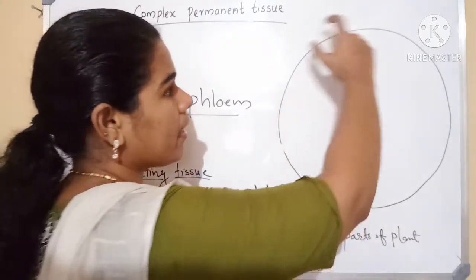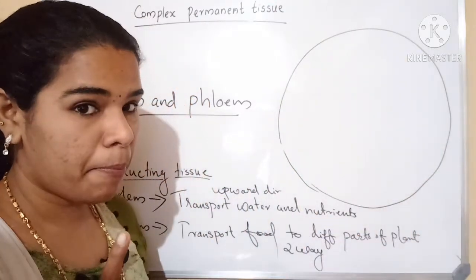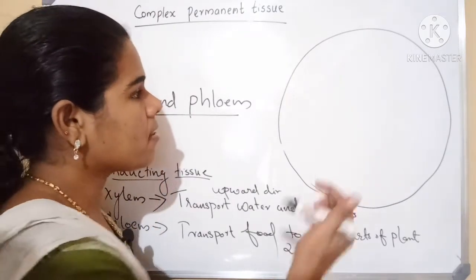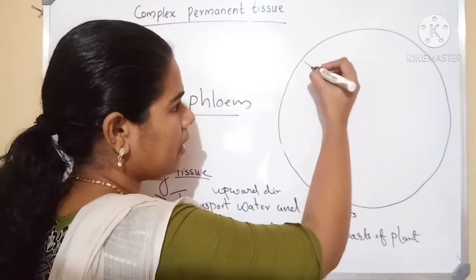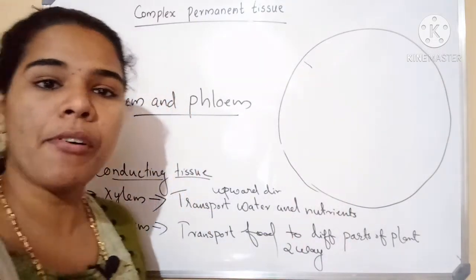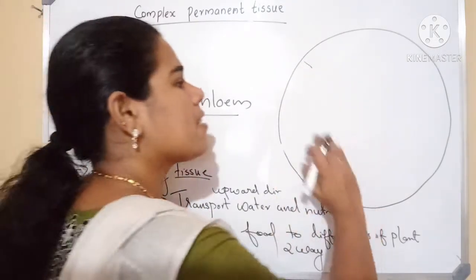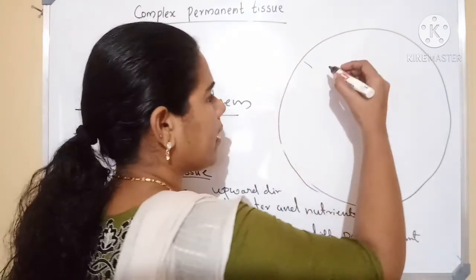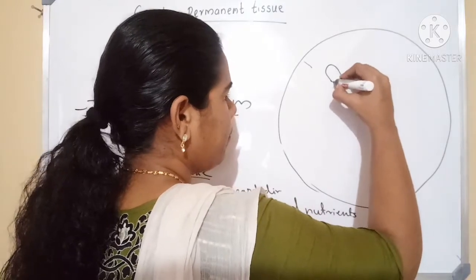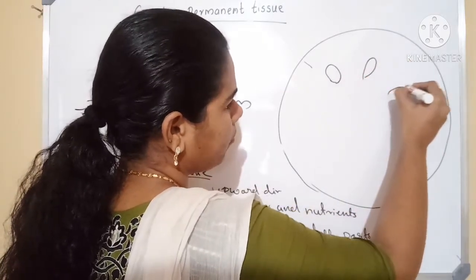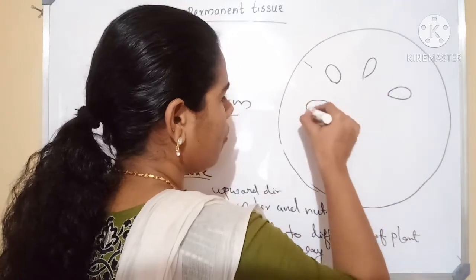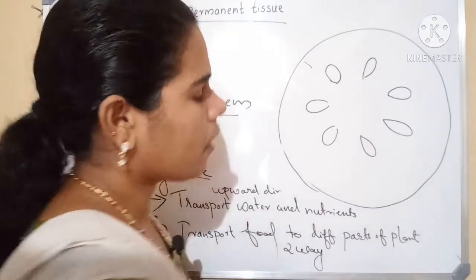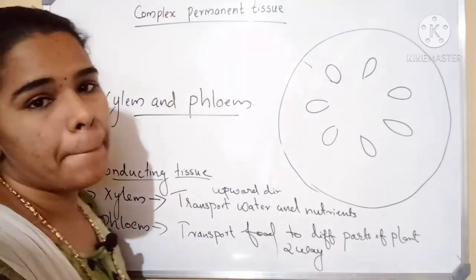The outermost layer is made up of epidermis or epidermal cells. Below the epidermis we can see the hypodermal region, which is made up of collenchymatous tissue, and the central portion is covered with cortex. In this cortex region, we can see a circular arrangement of xylem and phloem. These are called vascular bundles.